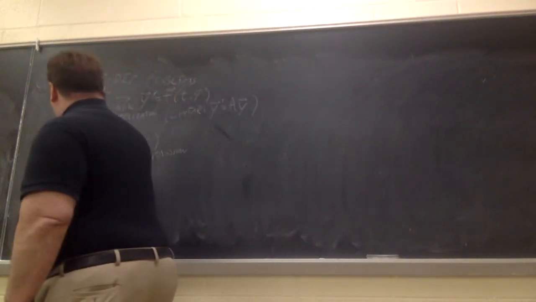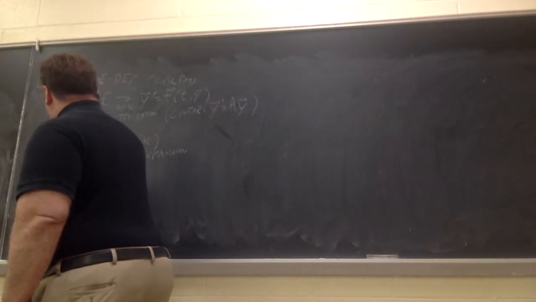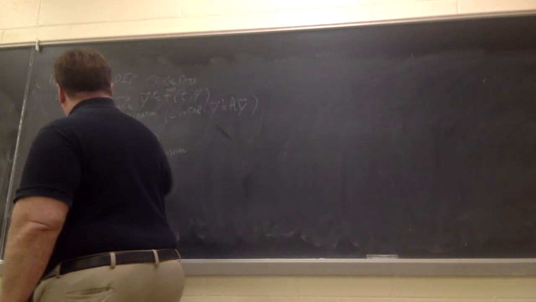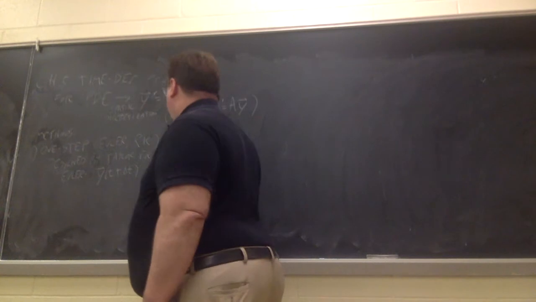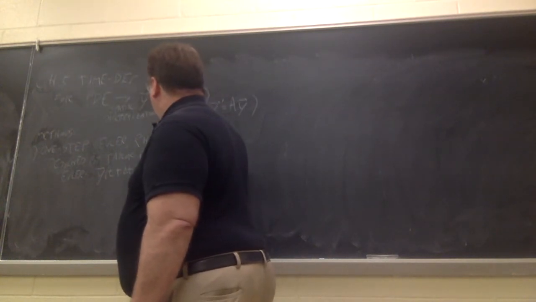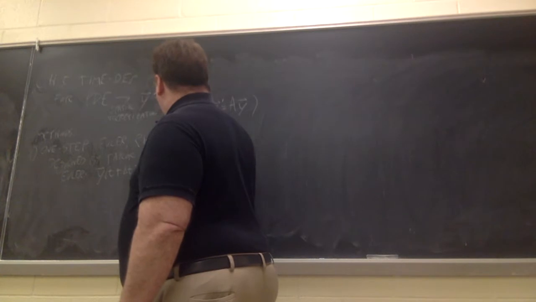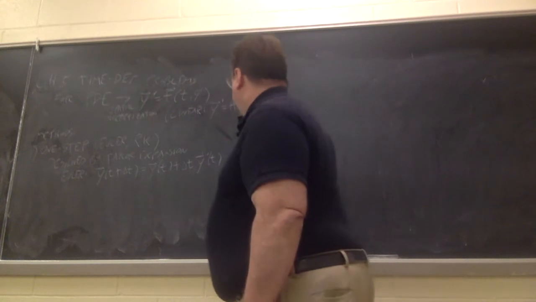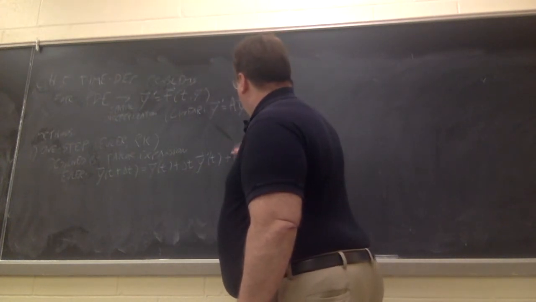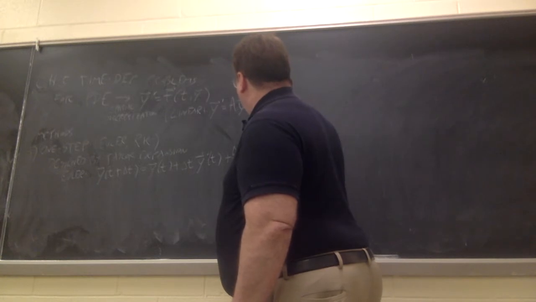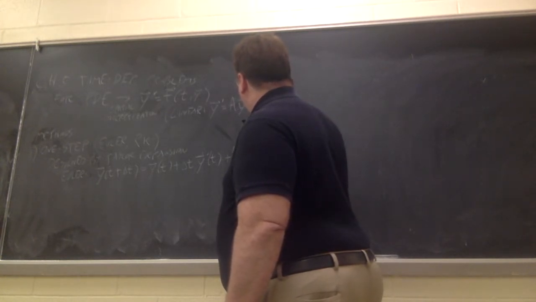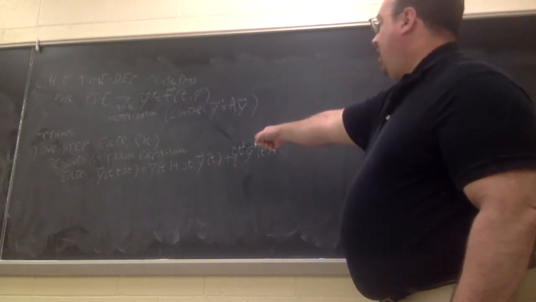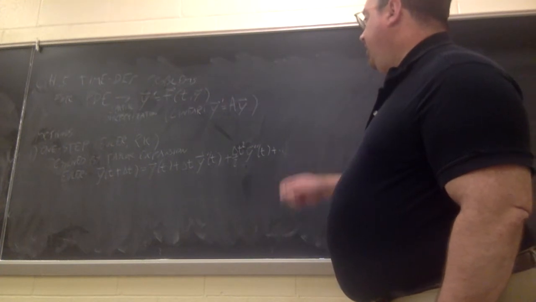So, for example, in the case of Euler's method, y of t plus delta t, by Taylor expansion, is equal to y of t plus delta t times y prime of t plus delta t squared over 2 times y double prime of t, and so forth. So y prime, however, is equal to f.